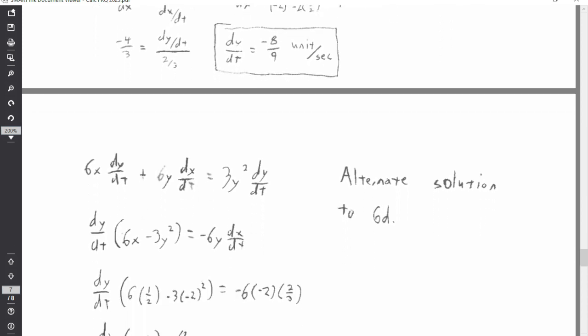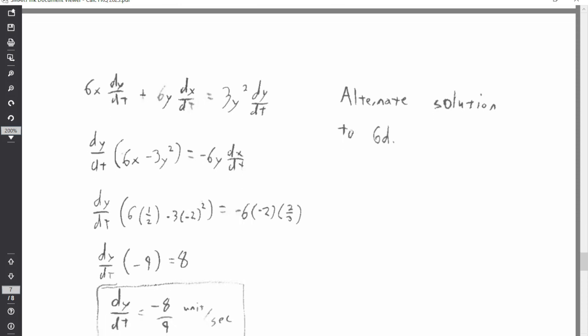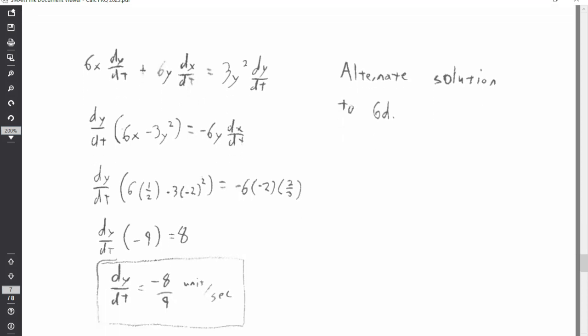I'm going to plug in 1/2, plug in the -2, plug in the 2/3 for dx dt, solve for dy dt, and we would get the same answer. So either with that related rates or with that fraction of dy dt over dx dt, either way. That was probably the trickiest part of the whole thing.